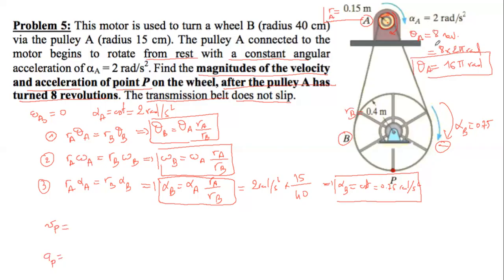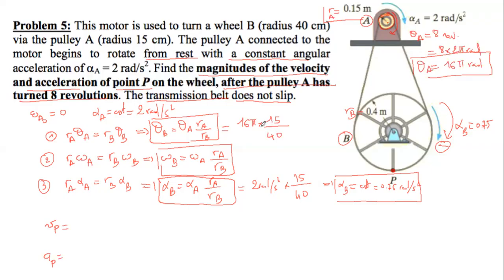So if pulley A has turned by 16 pi radians, 8 revolutions, how many revolutions will wheel B turn? Of course, you will use it here. So I say that theta B is theta A, which is 16 pi radians, times RA, which is 15, divided by RB, which is 40, or 0.15 divided by 0.4.